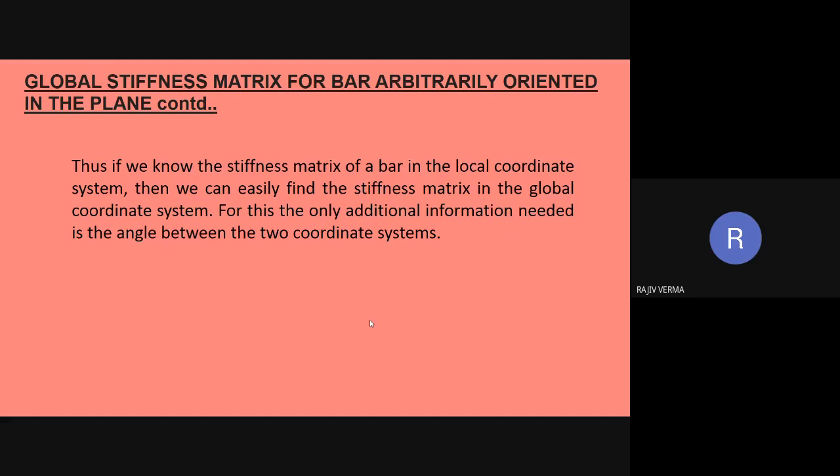For this, the only additional information which is required is the angle between the two coordinate systems.